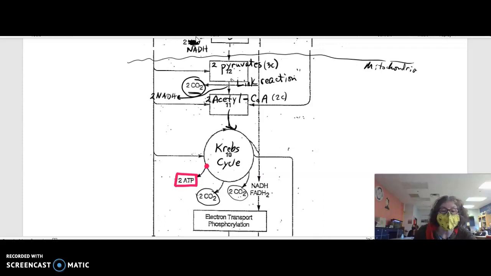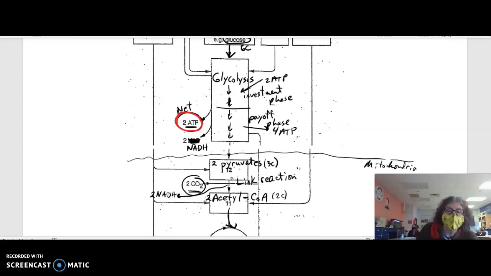Both of those events, right here and right here at this point, well, actually in the payoff phase, sorry, in the payoff phase. There are only certain places in these long series of metabolic steps where something called substrate level phosphorylation happens, right?